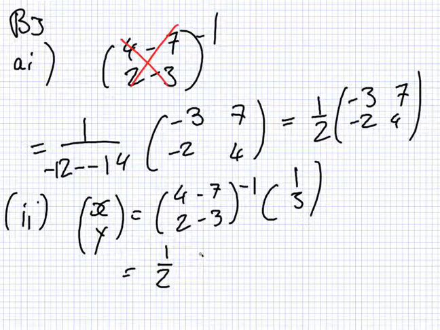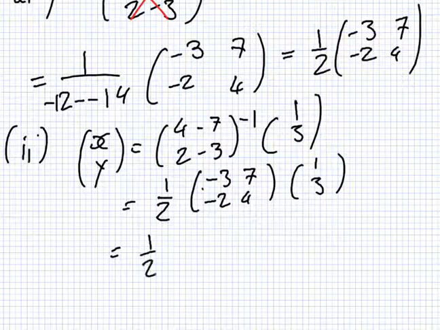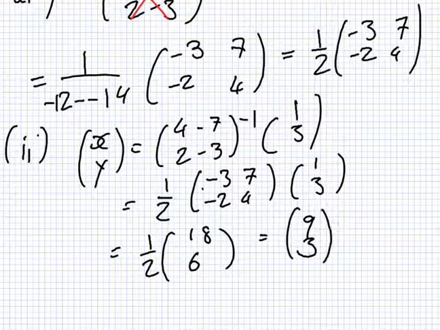So it's 1 over 2 times [-3, 7; -2, 4] times [1, 3]. So this is 1 over 2 times (-3 + 21), which is 18, and then -2 + 8 is 6. So the answer is 9 and 3.